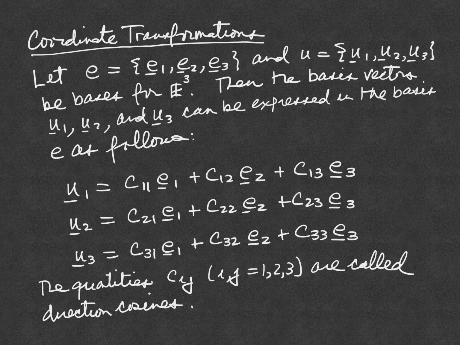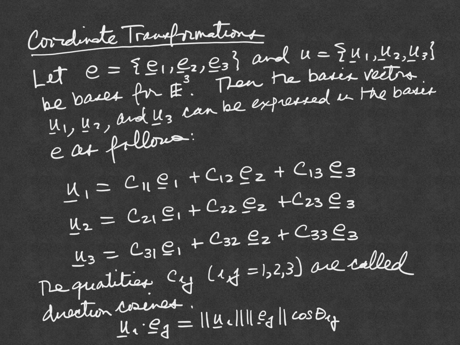Let's look at taking the dot product between any of the basis vectors that define the basis U and any of the basis vectors that define the basis E. Let's do it the other way. If I take Ui dotted with Ej, what do I get? Well, that's equal to the magnitude of Ui times the magnitude of Ej times the cosine of the angle between the two, which I'll call theta ij.